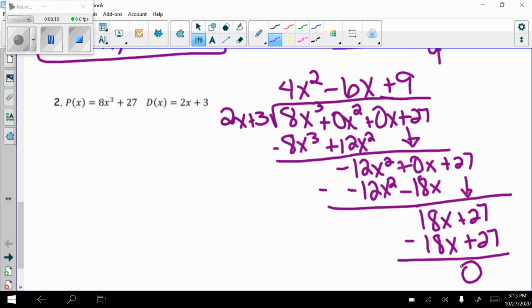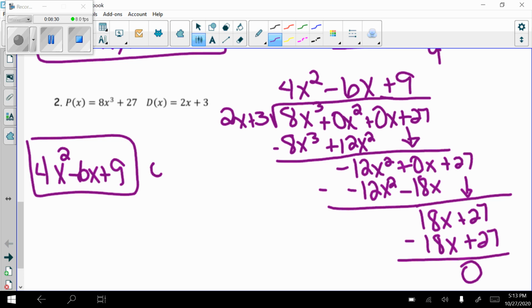So here, my answer, written in the two separate ways. The first one, your quotient, so that's our answer, 4x squared minus 6x plus 9. Then it says plus the remainder over the divisor. My remainder was 0, so I don't have to put plus 0. So that's one way.